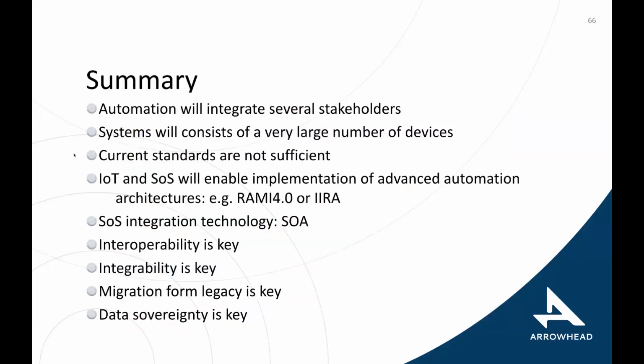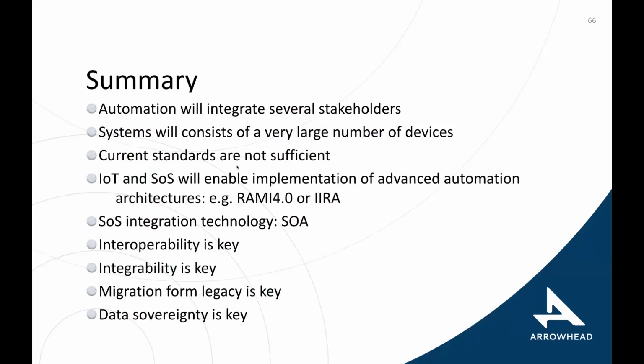So just to summarize this part of my webinar, automation will integrate many folders. These large automation and digitization systems will consist of very large numbers, and it's clear that current standards are not sufficient.